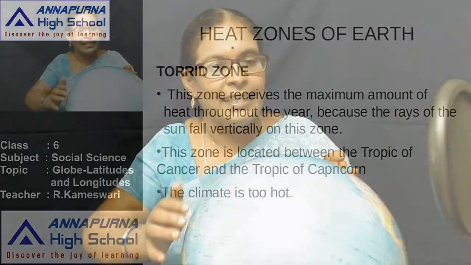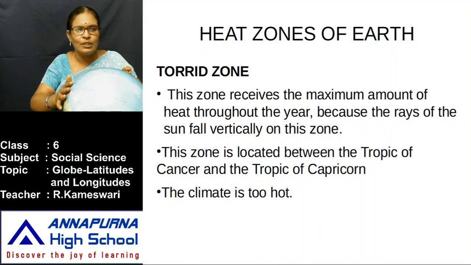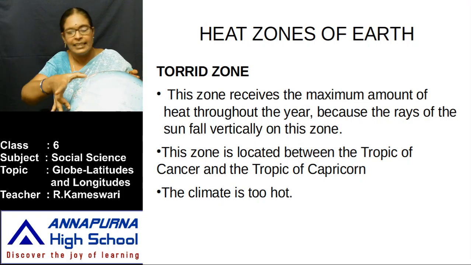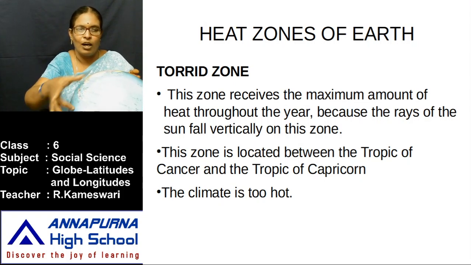That's why this zone receives the maximum amount of heat. What is the meaning of torrid? It means too hot. It is also known as equatorial zone. Equatorial zone and torrid zone are the same. This zone is located between Tropic of Cancer and Tropic of Capricorn.